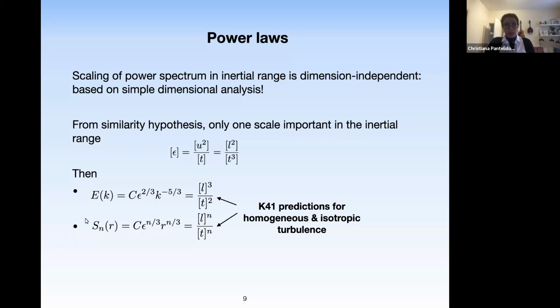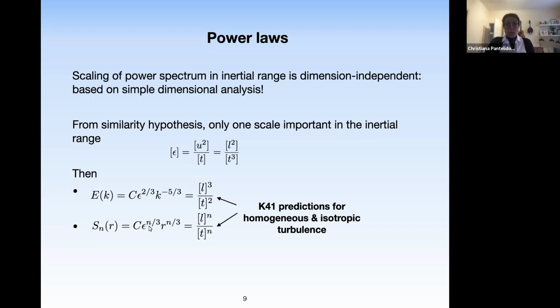And then the same argument goes through for the nth longitudinal structure function, which has dimensions length to the n over time to the n. This should be expressible in terms of epsilon, and this time the separation between the points that we considered, r.